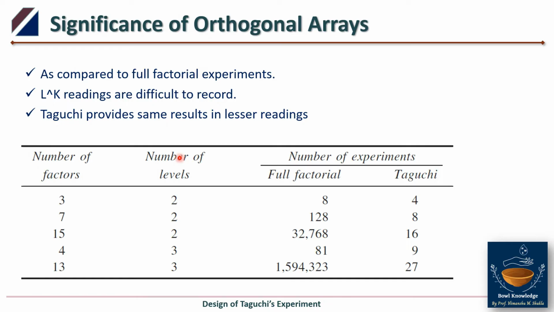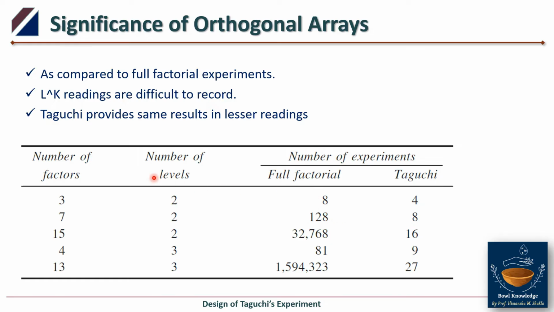So let's say if there are multiple factors involved in your study, then if you apply the full factorial design, the number of readings which are to be recorded are shown here. How do we get this column? It is basically the level to the power factor. So 2 to the power 3 becomes 8. 2 to the power 7 becomes 128.